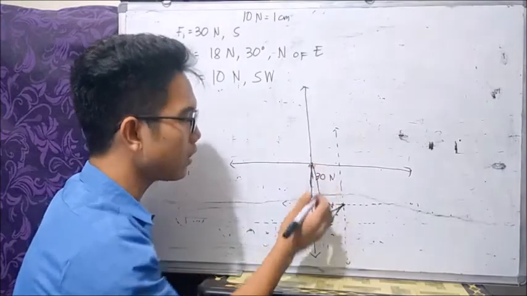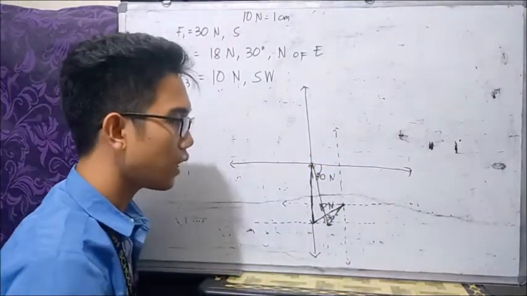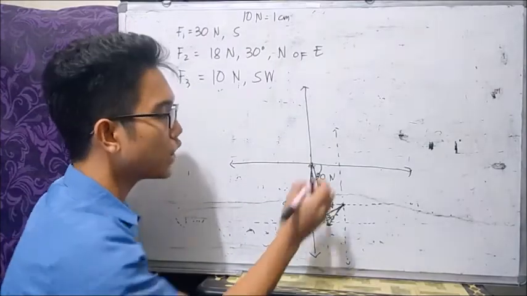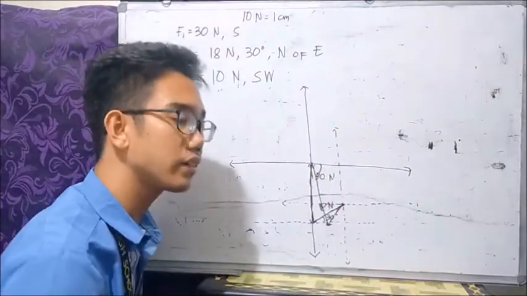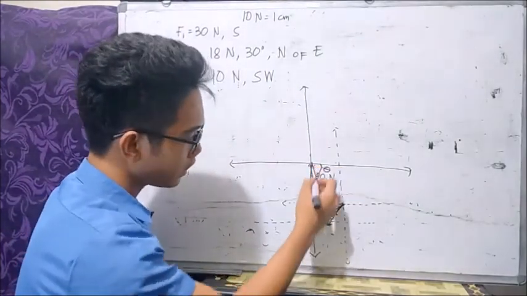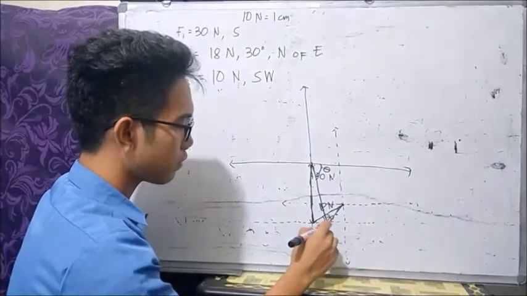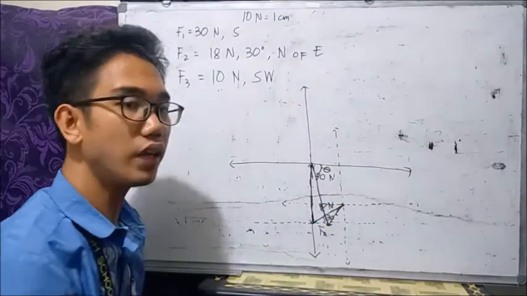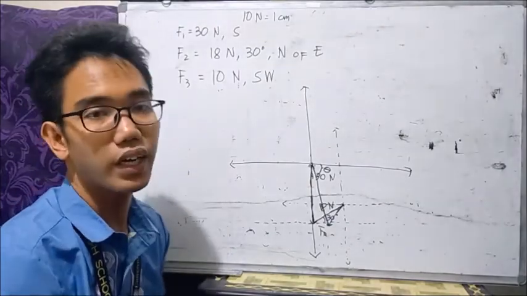Okay, and then you also measure the angle between your vector and the nearest x-axis. So you're going to measure this angle, that is your theta, and then the magnitude of this one, that is your F. So that is what you're going to do for your performance task on vector addition.